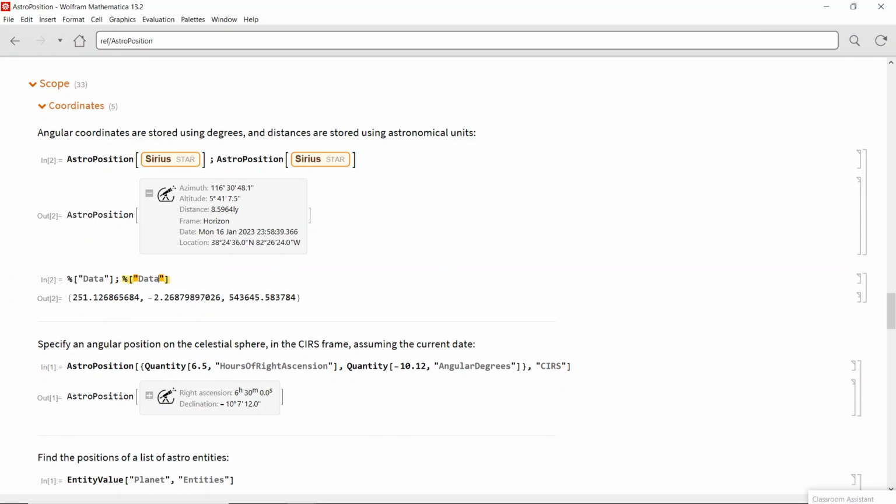Specify an angular position on the celestial sphere in the ICRS frame, assuming the current date.